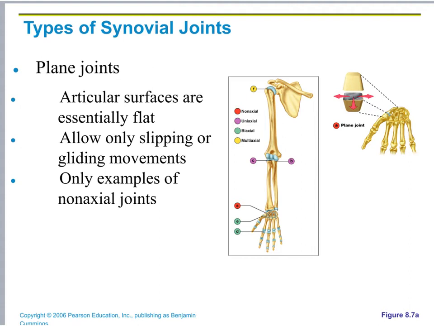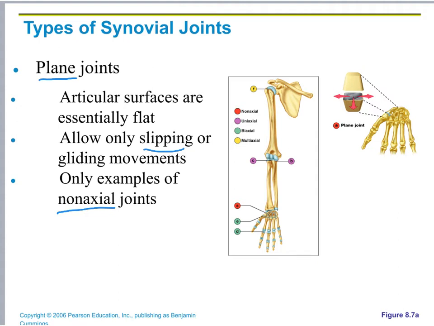The first joint mentioned here is the plane joint, the most limited in movement of the 6 types of synovial joints. This kind of movement is called non-axial. There is no change in angles here. It's just a slipping back and forth of bones over each other.